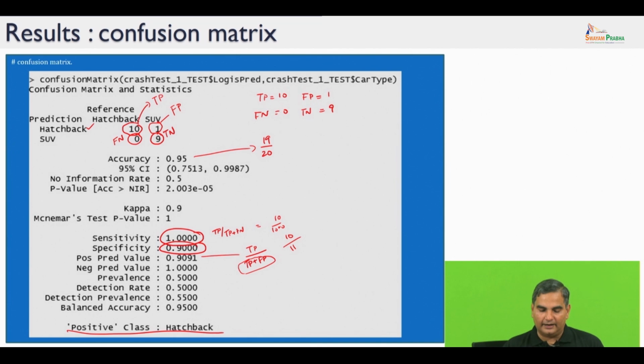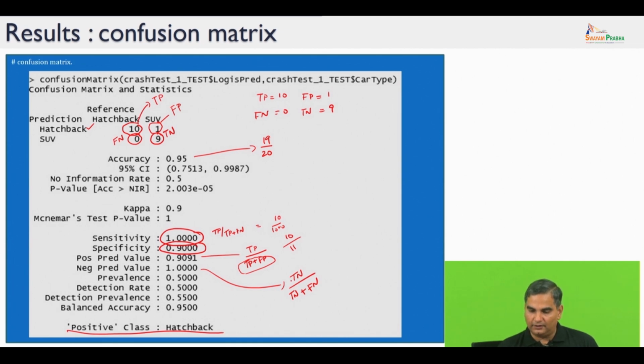The negative predictive value would be the number of times that the negative prediction is right among all the predictions as negative, very similar to the positive predictive value. In fact, this negative predictive value will be true negative divided by true negative plus false negative. So, again, of all the labels that are predicted as negative, how many are actually correct.